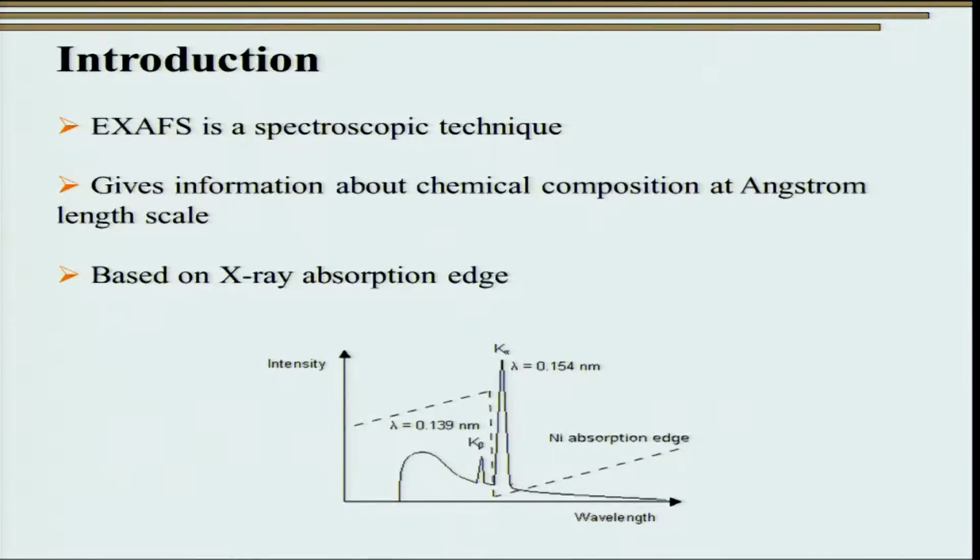However, unlike techniques like EDS, that is energy dispersive spectroscopy, EXAFS gives us information at the angstrom level about the chemical content or the chemical environment of a particular atom under consideration. It is based on the same X-ray absorption edge which we had touched upon in our second class while we were understanding the instrumentation involved in X-ray diffraction.